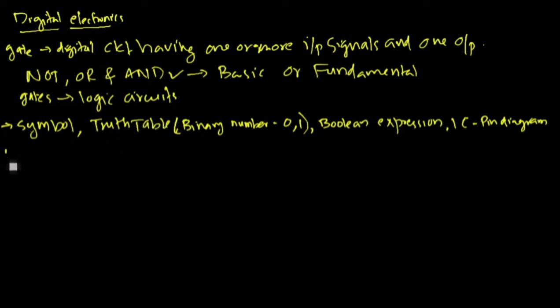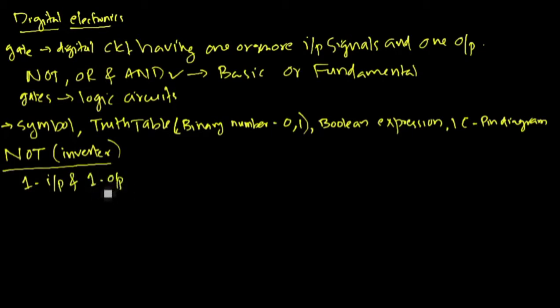So first of all, consider the NOT gate. The NOT gate is otherwise called an inverter because it has only one input and one output. The output is always the complement of the input, or the inverted input.